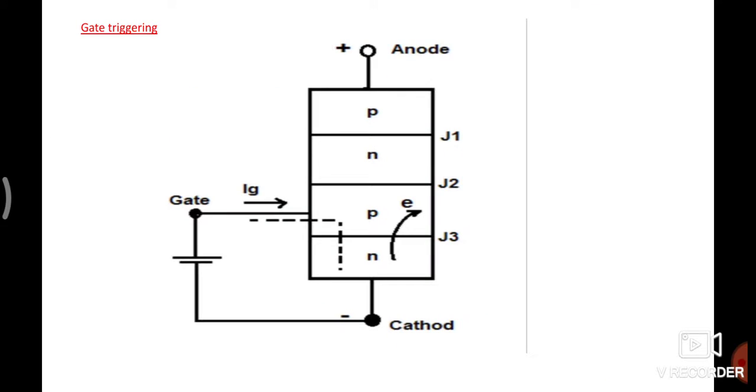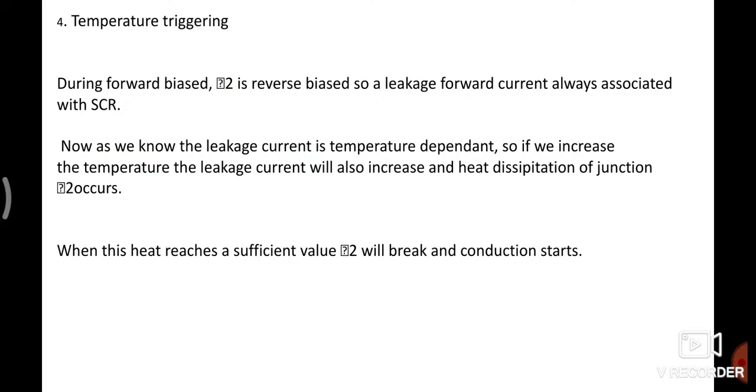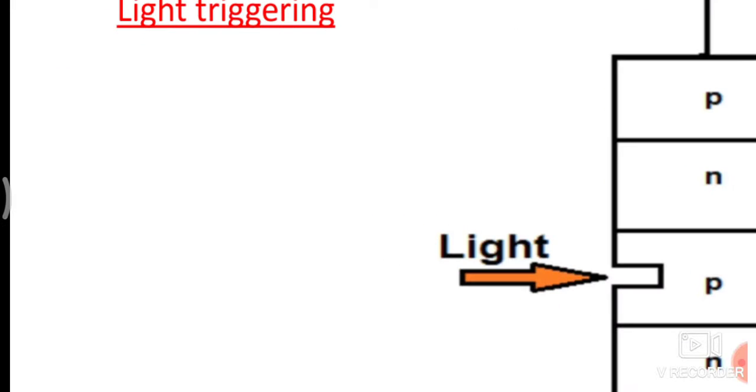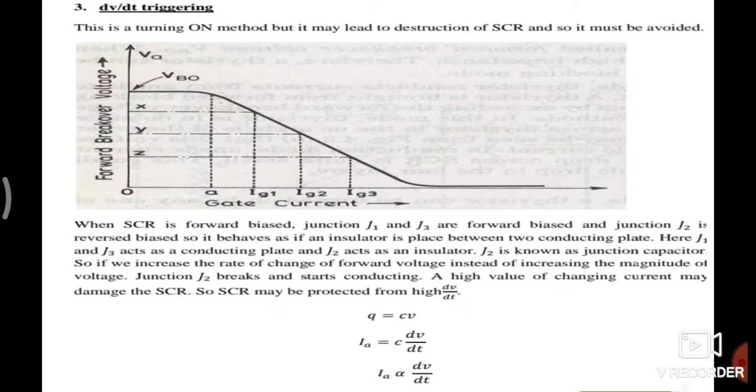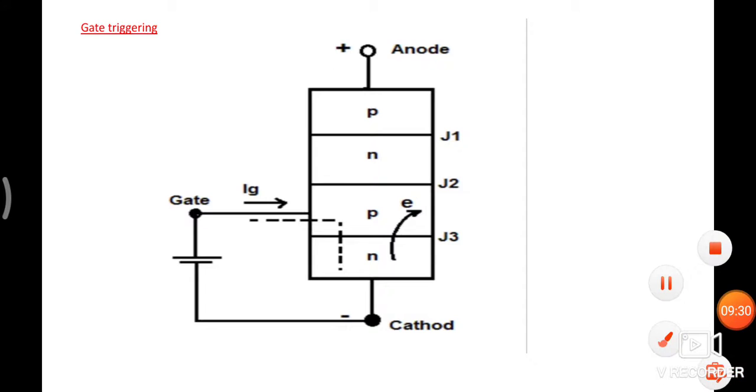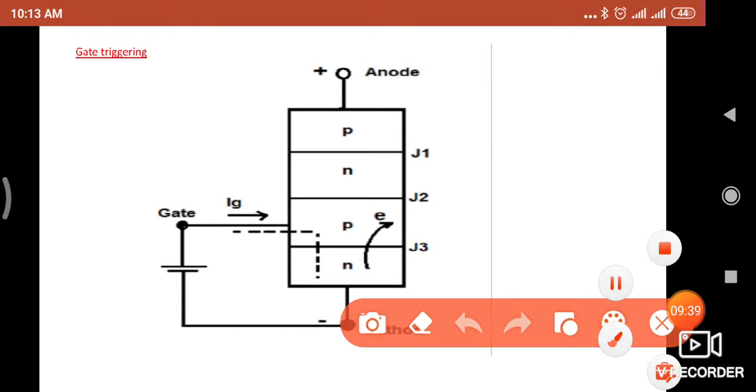Next, the second one is gate triggering. This is the gate triggering circuit. The circuit is connected like this.